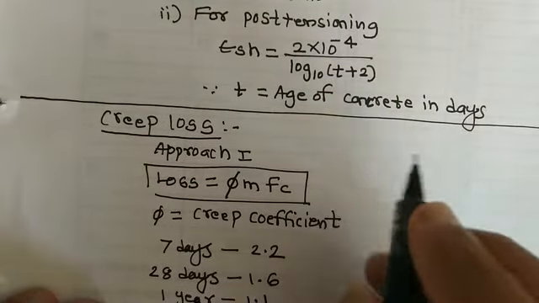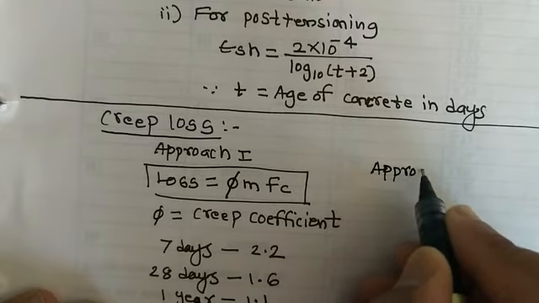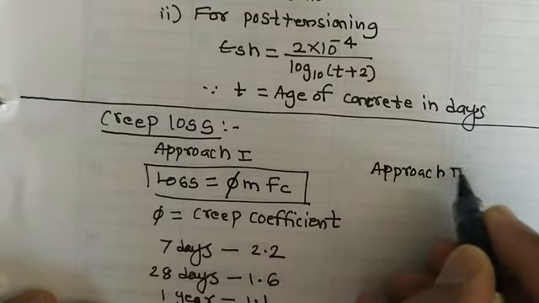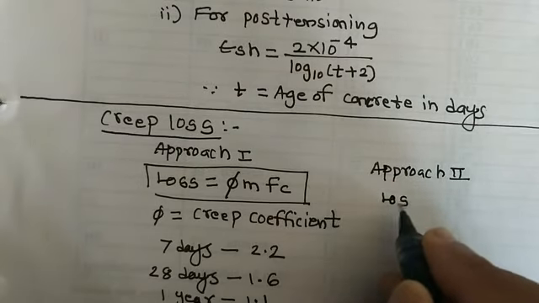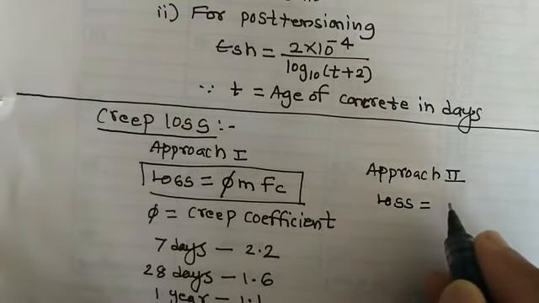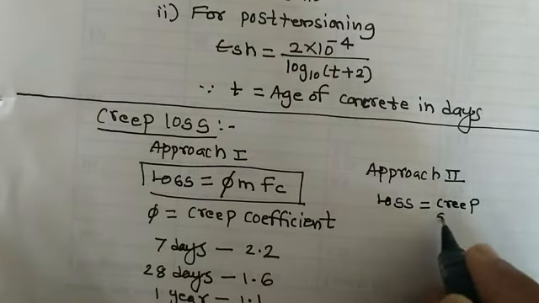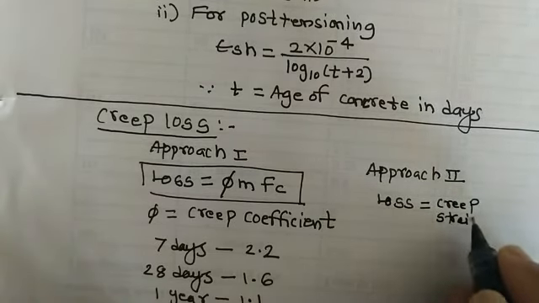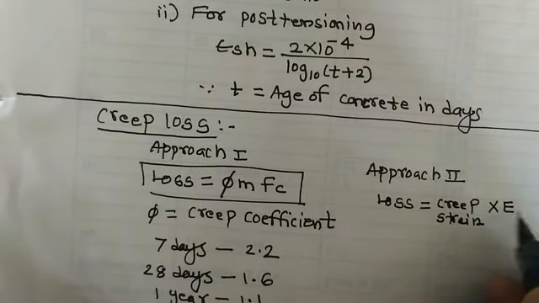Then how to find out the creep loss using approach 2? When creep strain is given, you can use this formula. Creep strain multiplied by Young's modulus multiplied by Fc.